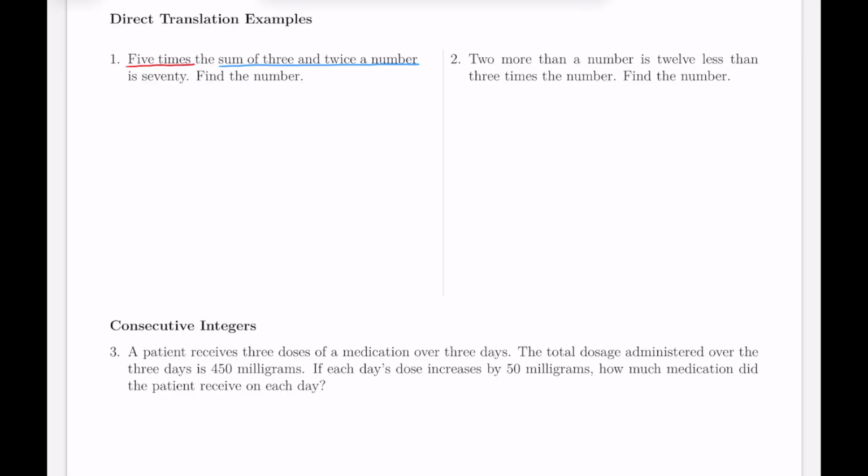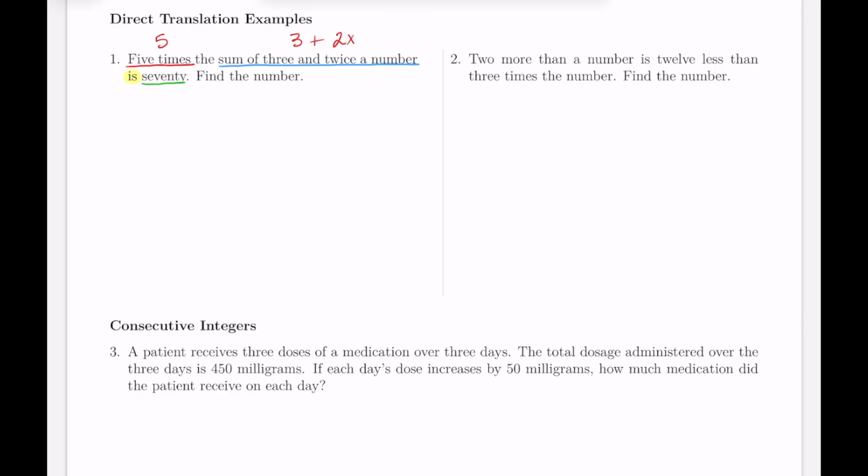Then another thing that I see is very important is this word is. When I see that word is, I know that's math for equals. Or I should say that's English for equals. And then I also have is 70. So 5 times, that just means 5. And I'm going to be multiplying it times the sum of 3 and twice a number. Well, twice a number would be 2x. And it says the sum of 3 and twice a number, so I need to add those together.